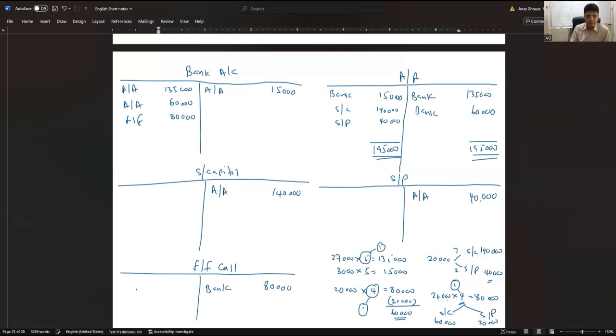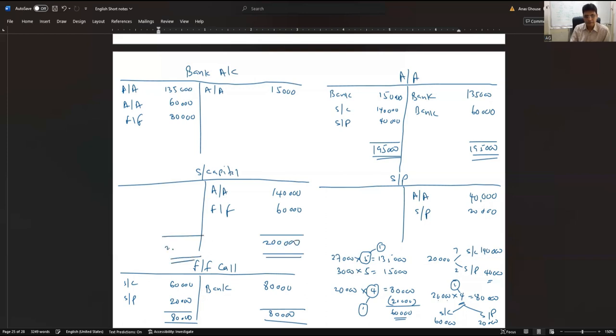So therefore first and final call account will be debited 60,000, and this goes to share capital account. Then share premium account 20,000. So thereby our first and final call account will have no balance, 80,000. Now what is remaining is share capital account 200,000.